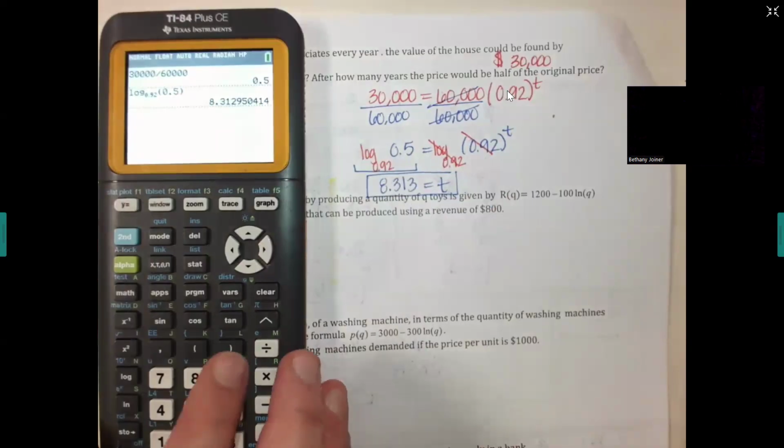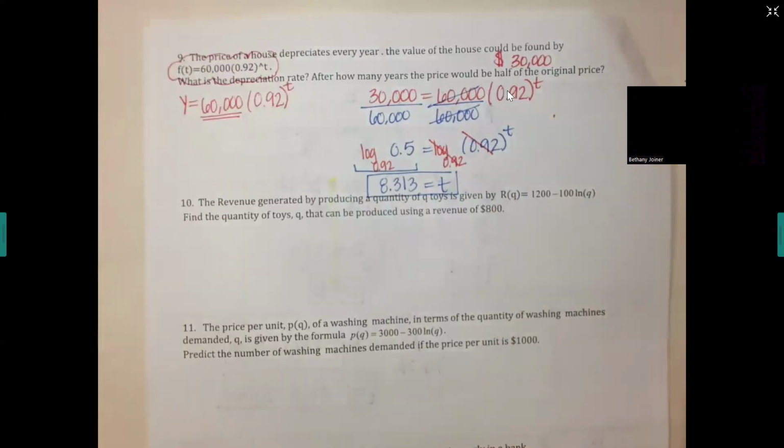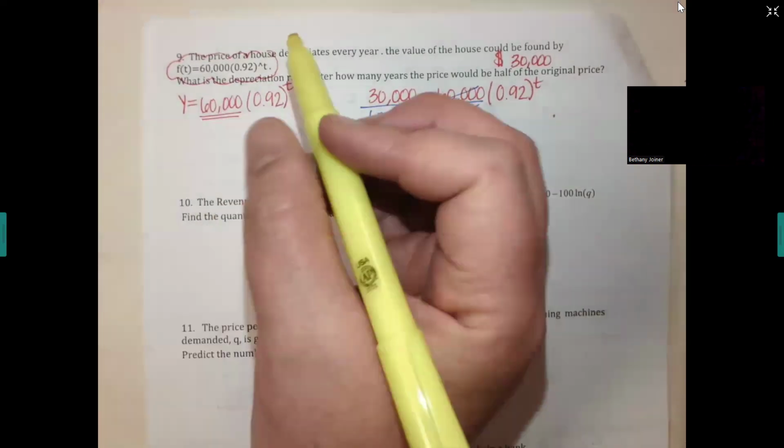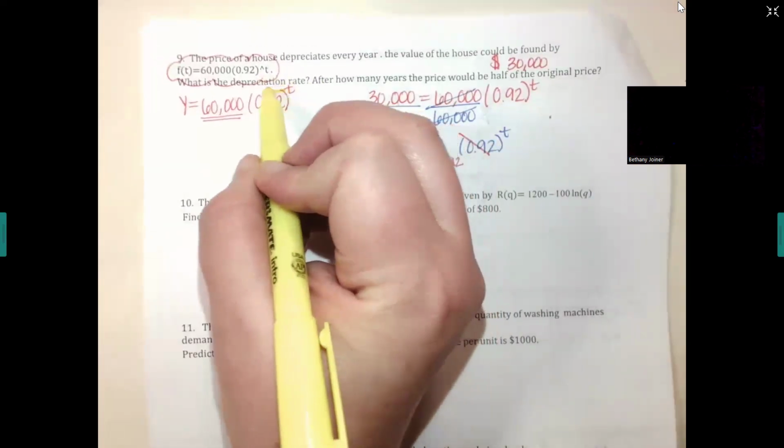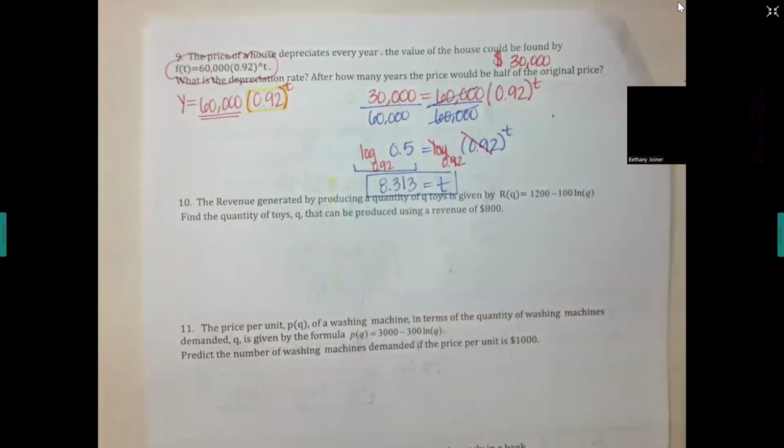Now, there's one other part of this question that I just want to briefly touch on. We didn't really talk about this a ton in class, but you should have done it in Algebra 1 and Algebra 2. If your base is 0.92, that is a rate.